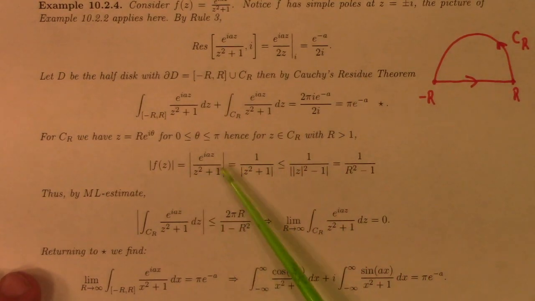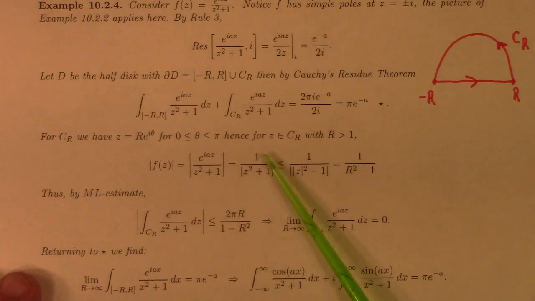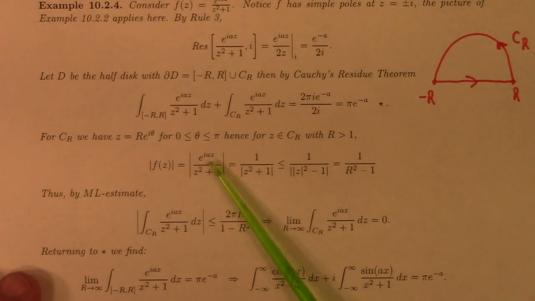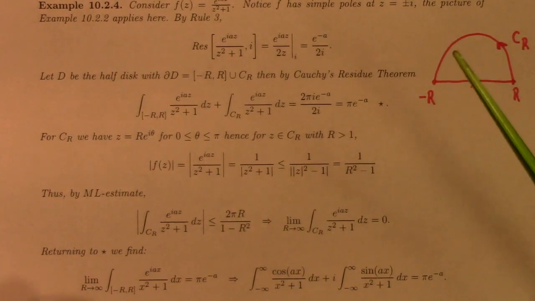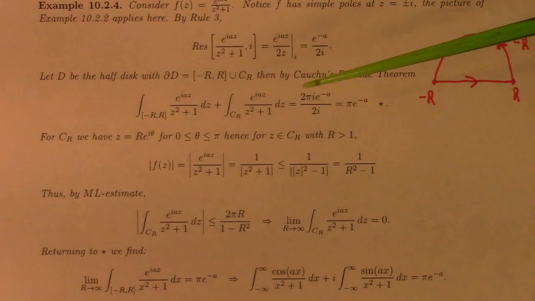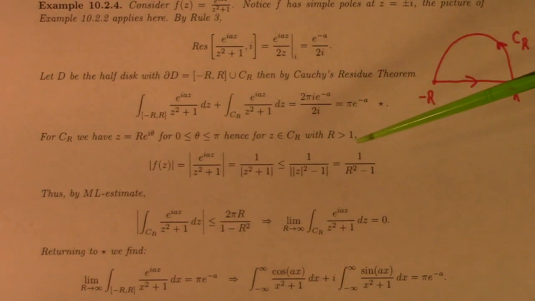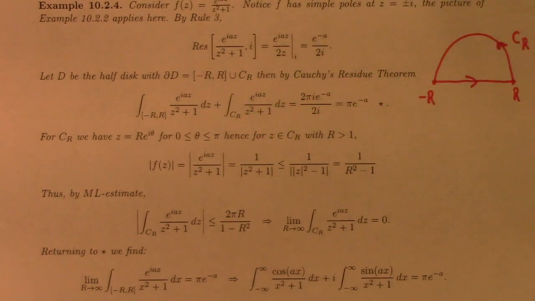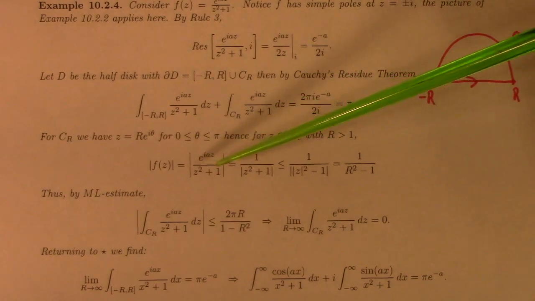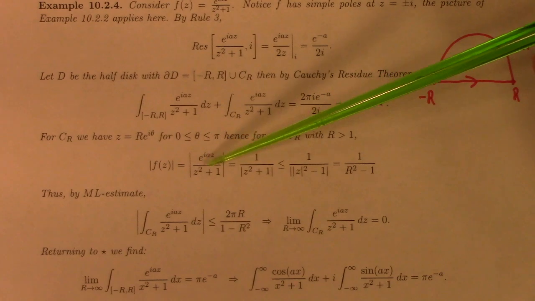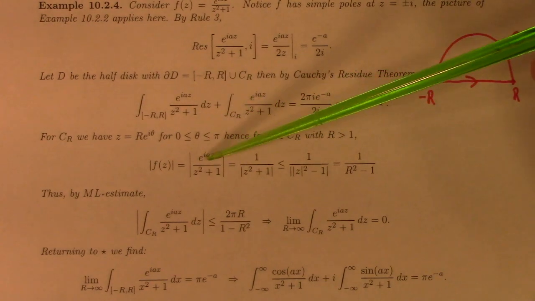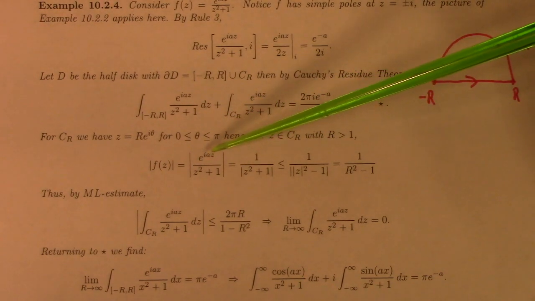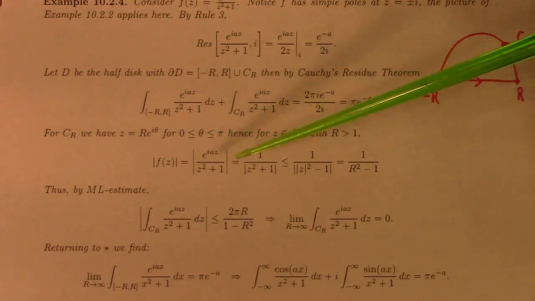So the modulus of f of z is the modulus of this, which is straight up equal to, oof, is that true? But z is complex. Dude, I don't believe that. Just because there's an i there doesn't make it real. I mean, az has to be real for this to be true.